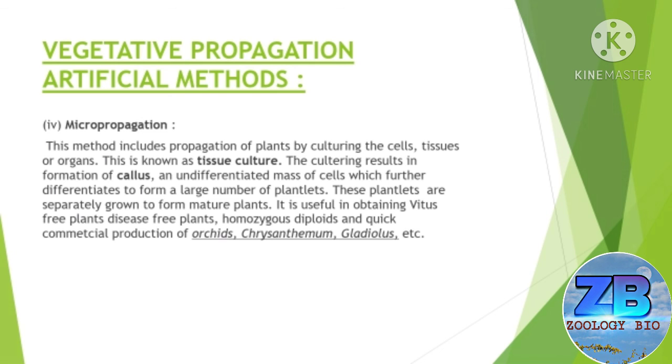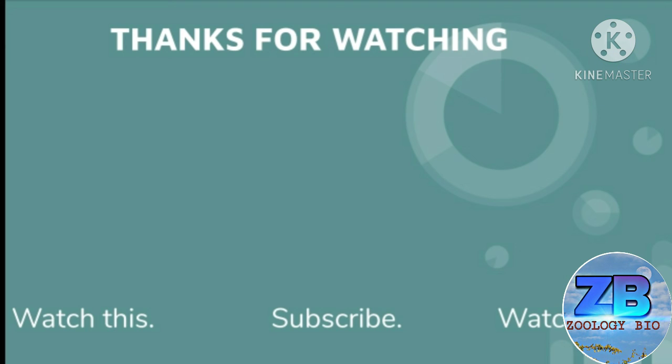These plantlets are separately grown to form mature plants. It is useful in obtaining virus-free plants, disease-free plants, homozygous diploids, and quick commercial production of orchids, chrysanthemum, and gladiolus, etc.